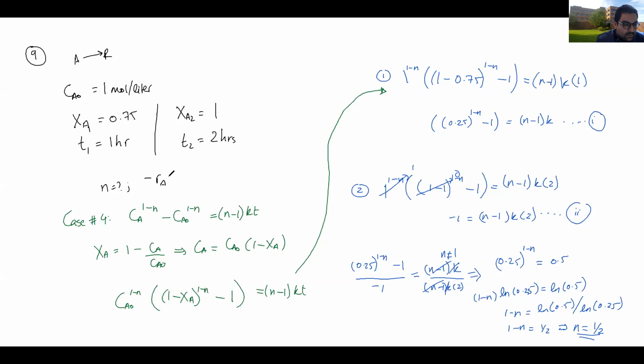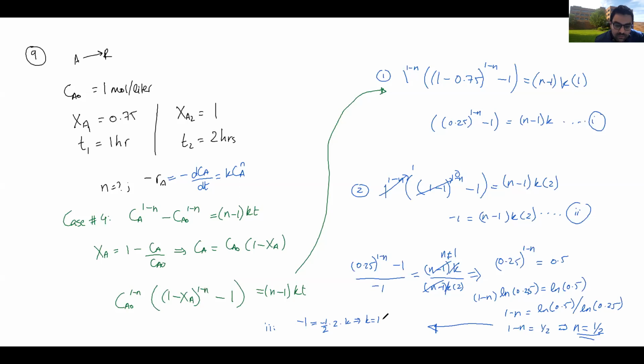Minus r_A is equal to minus dC_A by dt, and this is equal to K C_A to the power N. So we need to get K. We have N equal to half, and we have an easy equation here from which we can get K. Using equation number 2, minus 1 is equal to half minus 1, which is minus half, multiplied by 2 multiplied by K. So this means that K is equal to 1.